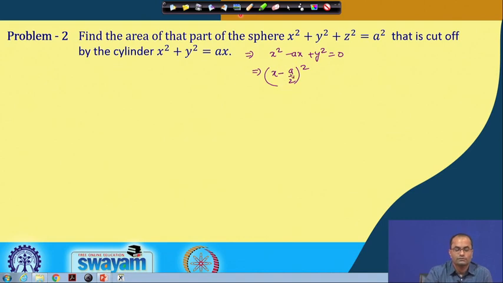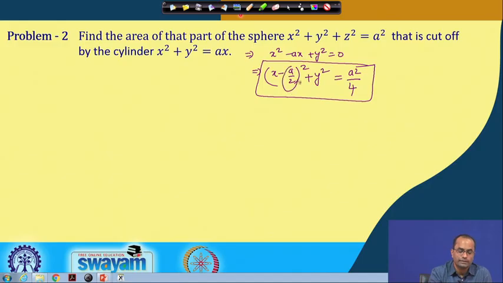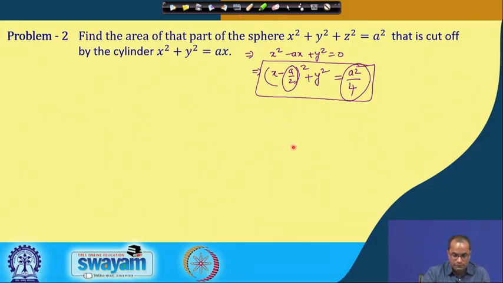There will be an additional term here, a square by 4, which we can put on the right hand side to compensate it, and then we have here the y square. So, this is the equation of the circle, whose center is at a by 2 and 0, and a by 2 is again the radius.